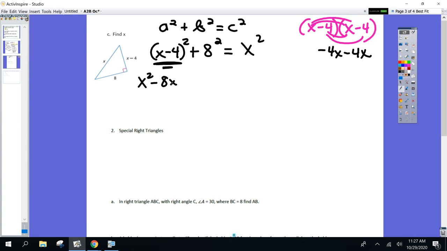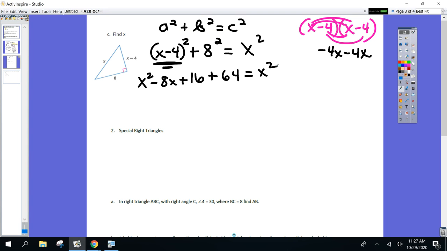And then negative 4 times negative 4 is positive 16. So that's what I get when I double distribute. Any questions? Open it up here. Don't be ashamed. And then 8 squared is 64 equals x squared.